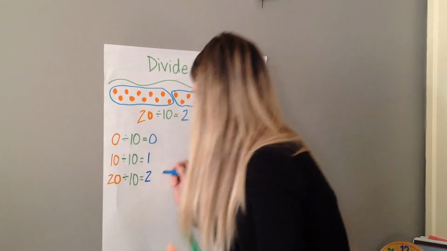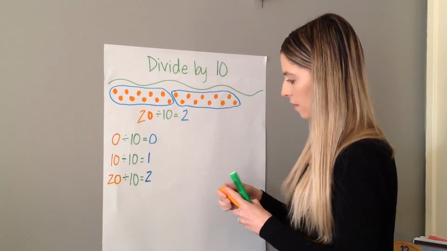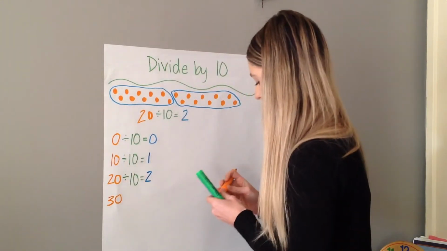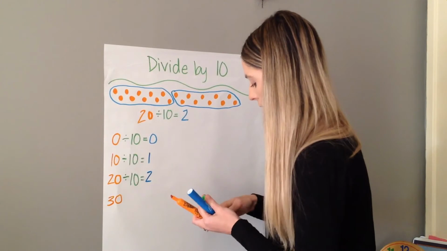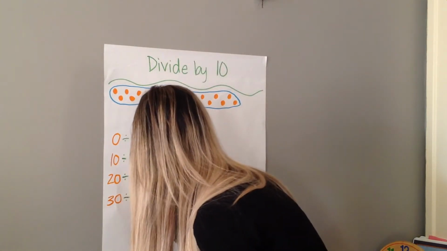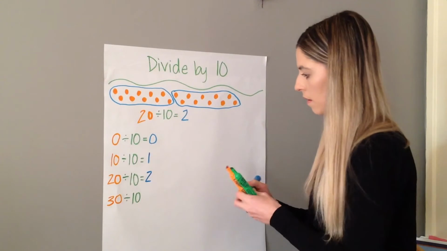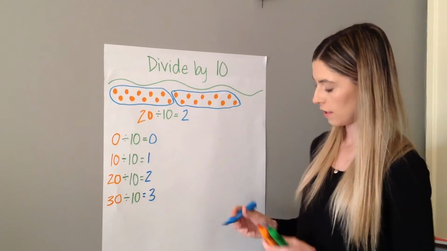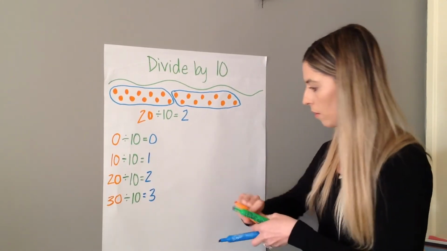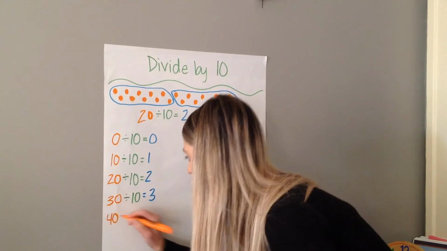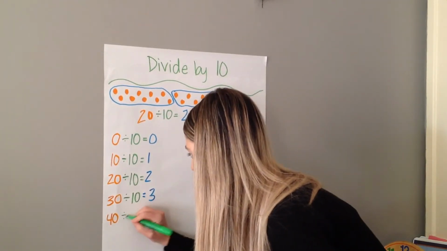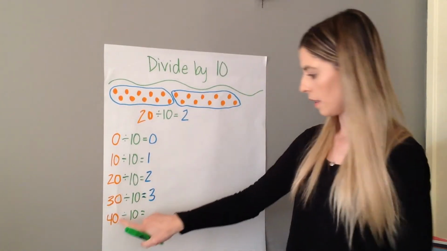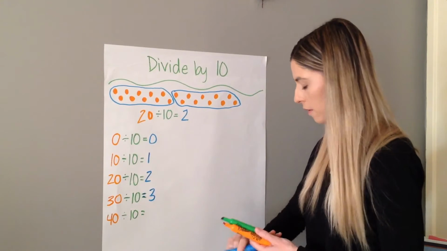Next we have 30 divided by 10 equals 3. If I just take the 0 off, I just have 3 left over. Let's keep moving. We have 40 divided by 10 equals, if we take the 0 off, we have a 4 left over.